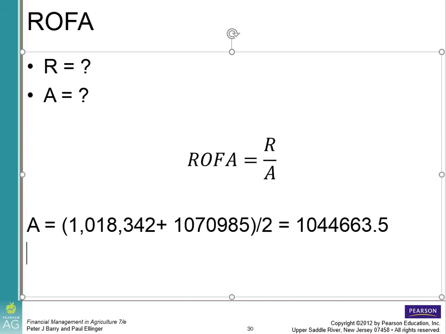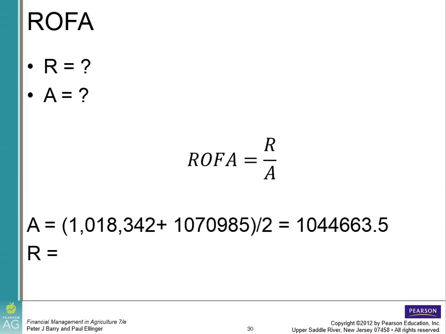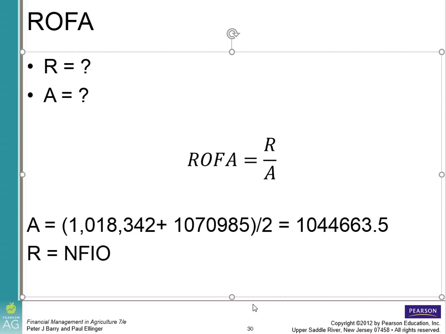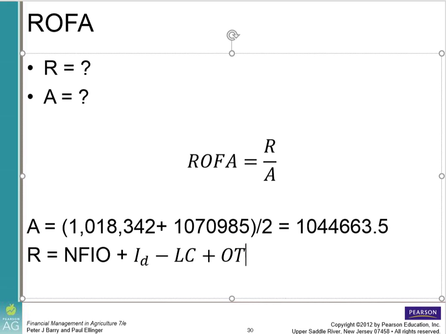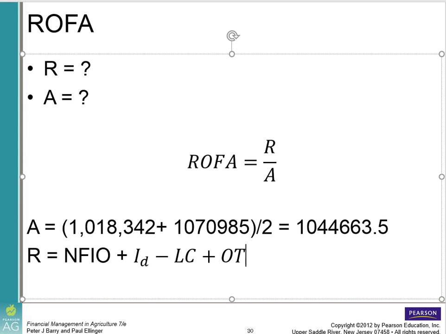Now we need to find what R is. Recall, R is simply NFIO, which is net farm income from operations, plus your interest expense, ID, minus LC plus OT. So you have to look at your balance sheets or your income statement to figure out what this is.